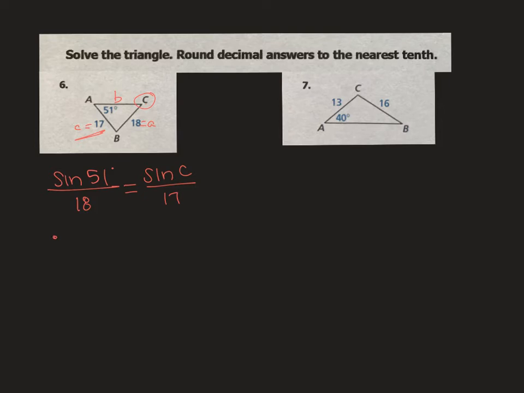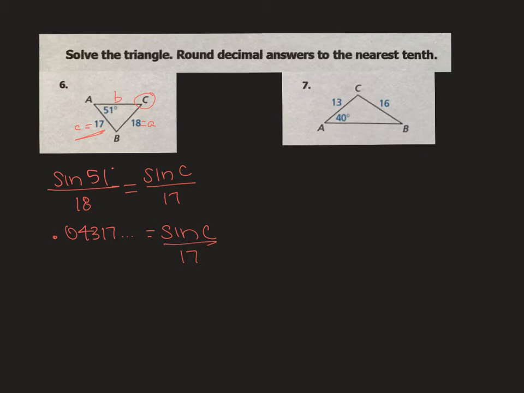So essentially we have 0.0431 and so on is going to equal the sine of C over 17. Now, if you are writing these down in steps, it's okay to round on your paper, but in your calculator, make sure you use that whole answer so that it doesn't mess up a final answer.